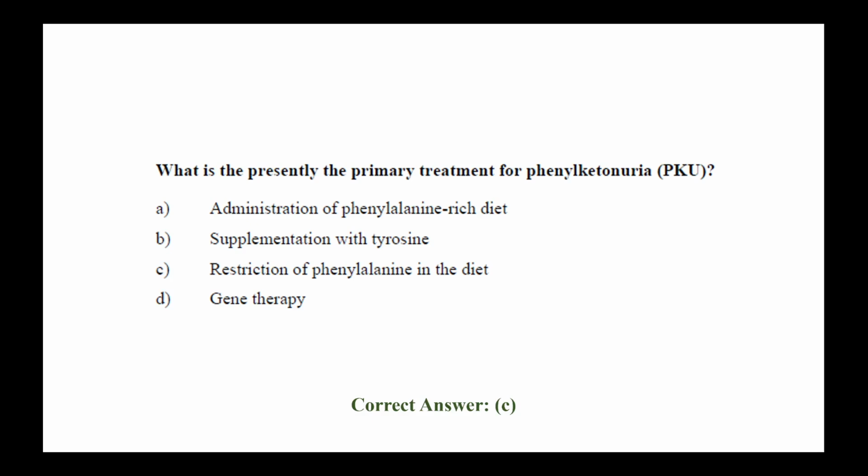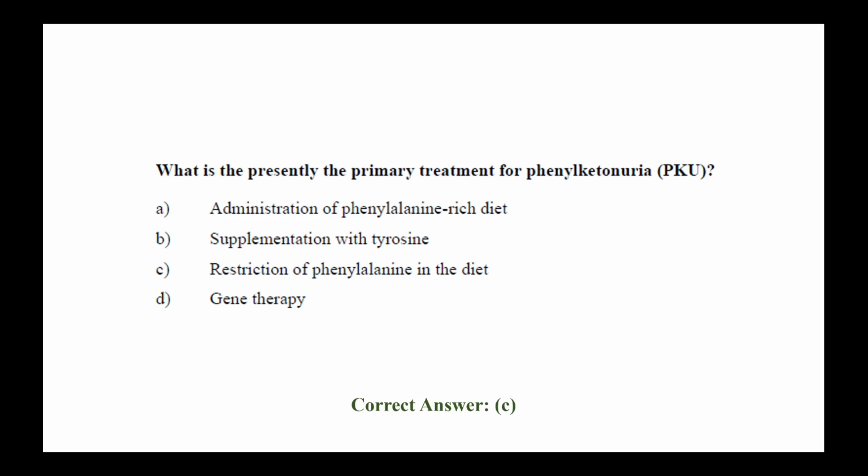The major symptoms that we see in phenylketonuria are due to the accumulation of phenylalanine. So first we have to solve that problem. First we have to make sure that the amount of phenylalanine in the body is within limit. And then, as a result, the body needs tyrosine, so you can supplement tyrosine in the diet and you can take tyrosine supplements.